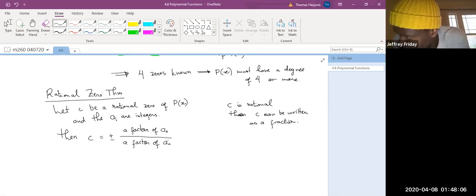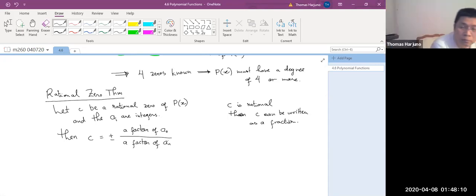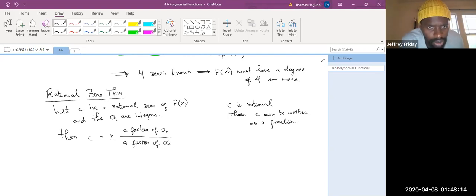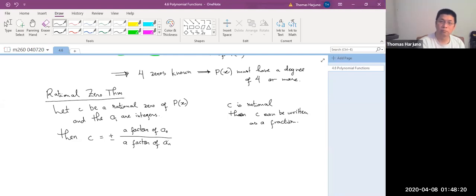Question: why not the other way around? Why not a_n on top of a_0?